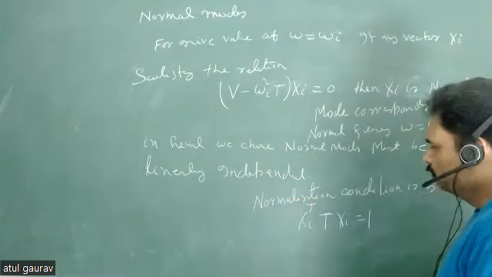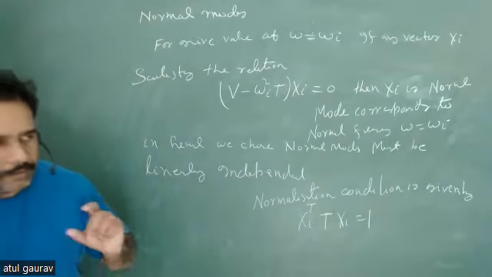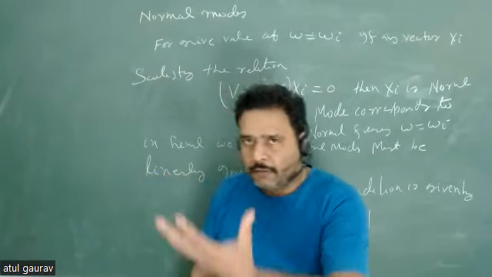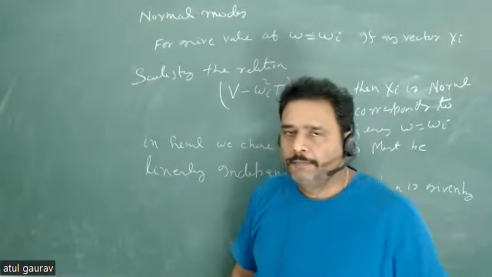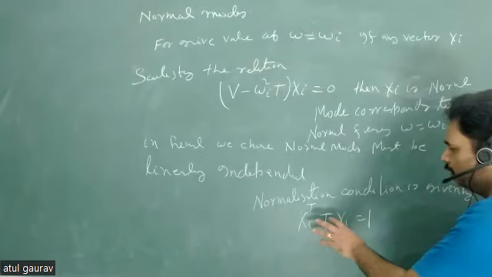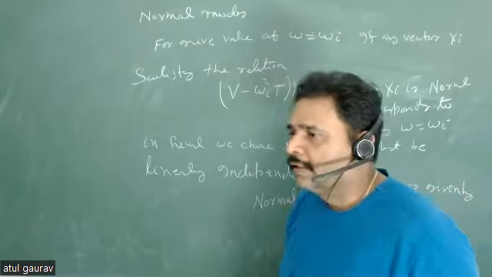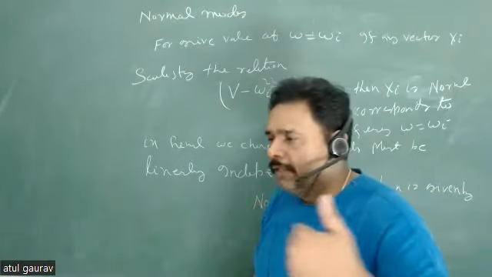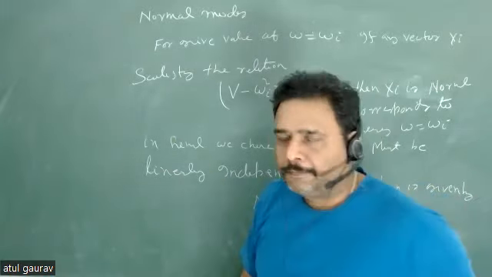So this is your normalization condition such that you can use it as a kind of unit vector, and you incorporate the effect of mass into the direction. That is why we have taken the kinetic energy here; it gives the weight factor for your modes and your direction.